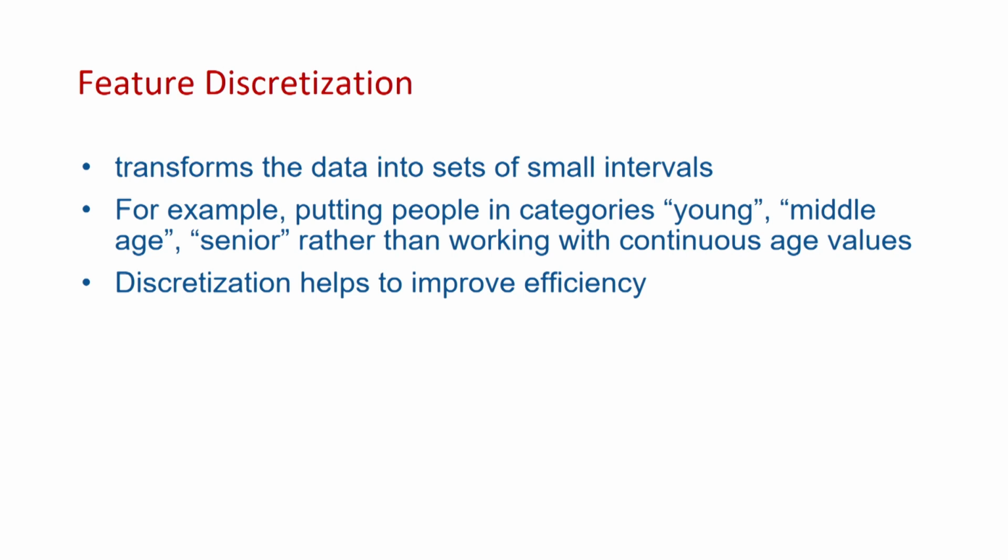Of course, this cannot be applied to each and every feature. For example, if it is salary, we can discretize this salary feature, because we can always say it is low income, medium income or high income.